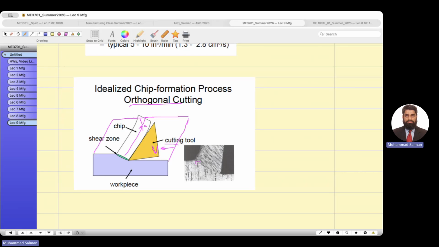You see the force and the shear zone. We call it a shear zone where the cutting operation is happening. You will see the uncut chip thickness T0, and the thickness of the chip is TC. TC is greater than T0.